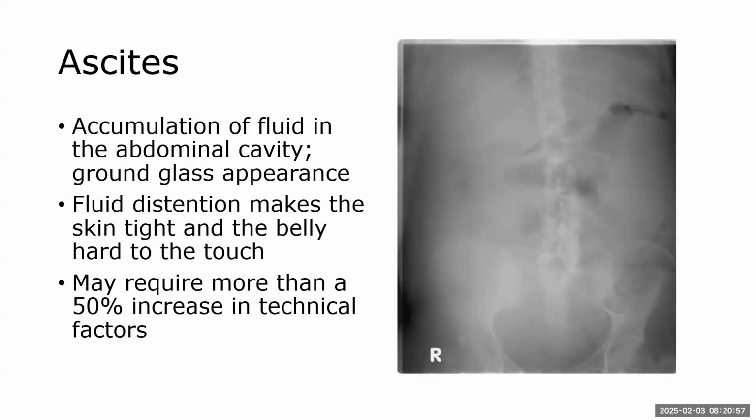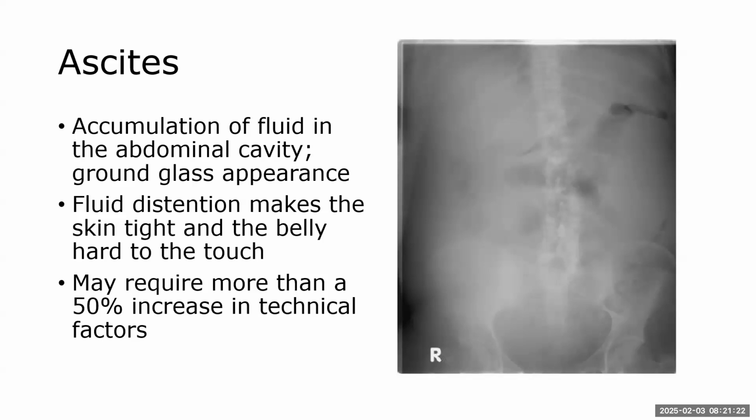Did anybody, when you're trying to find where's the crest, it's like touching a cinder block. You can't feel. It's so hard. They may require more than a 50% increase in technical factors. It just depends. And that's where your clinical experience is going to come into play and your text that you're working with.